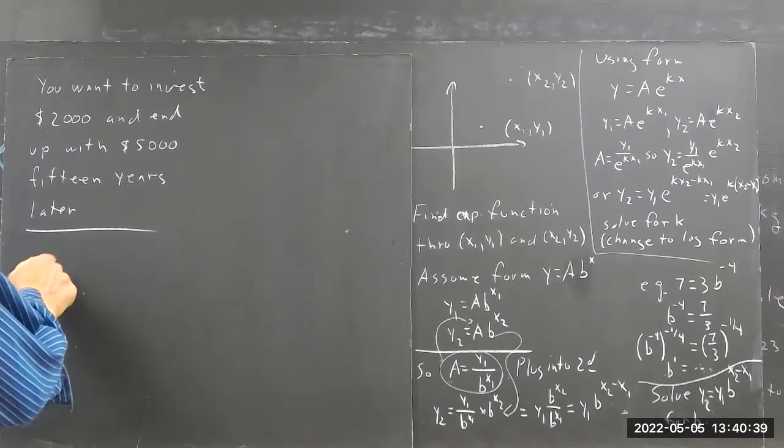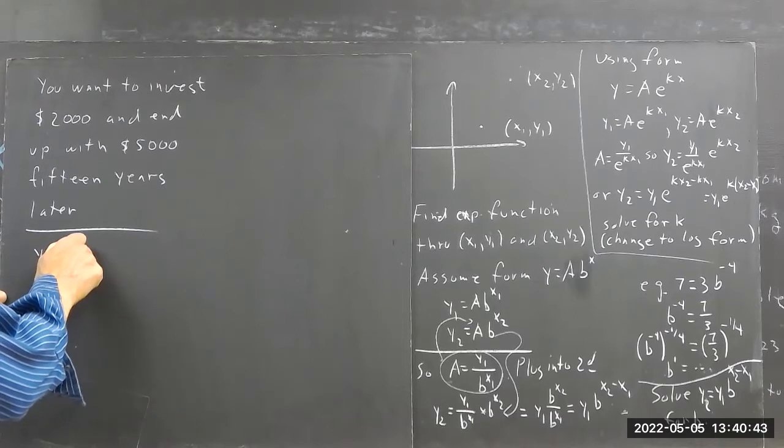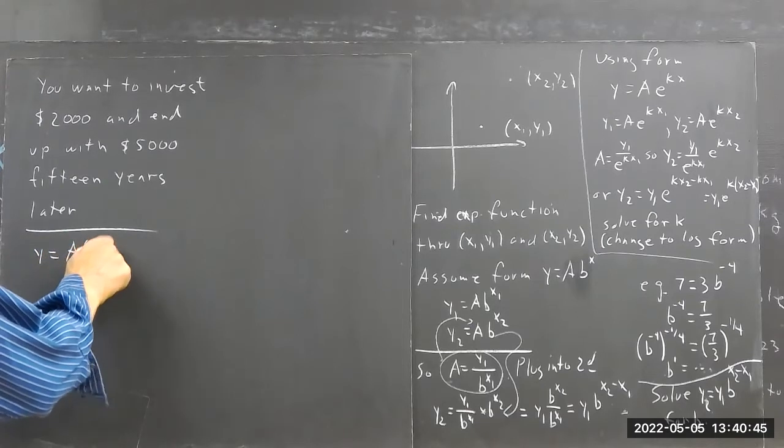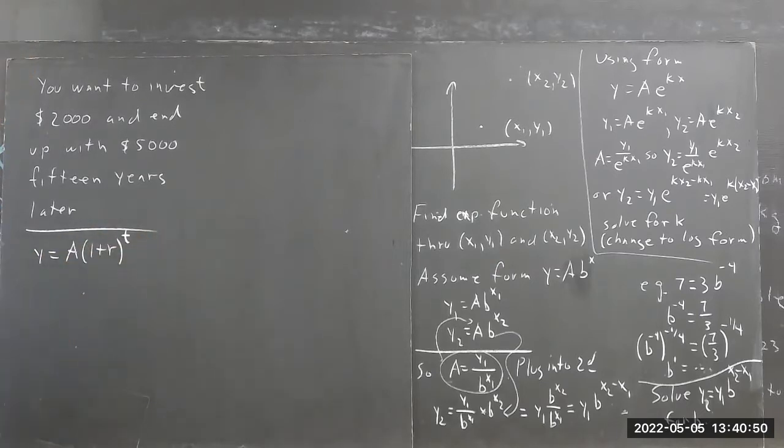Well, then that's going to be of the form y equals a times 1 plus r to the t, where y is the value and t is your time.